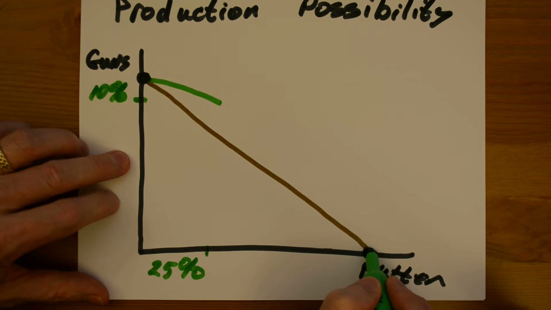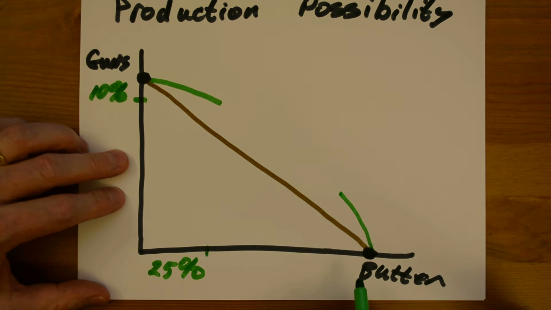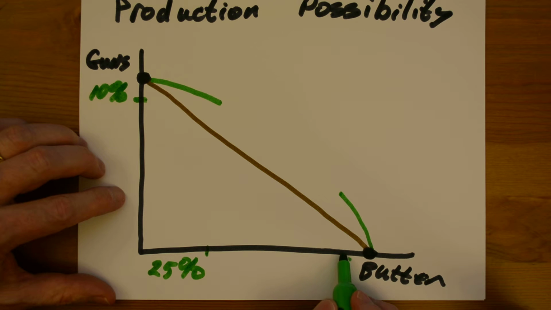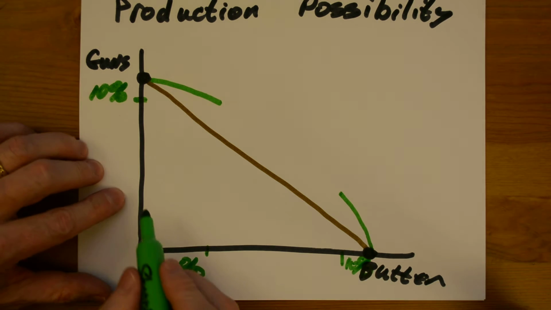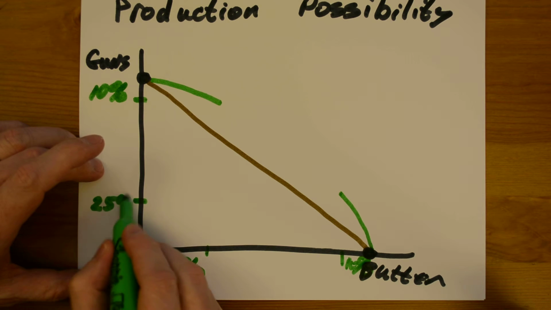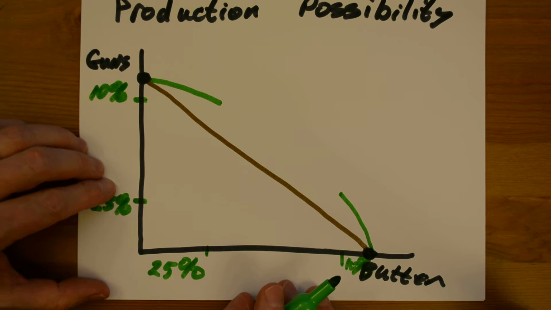Similarly, for butter, diminishing returns say that producing the last 10% of butter requires approximately 25% of the remaining available economic activity.